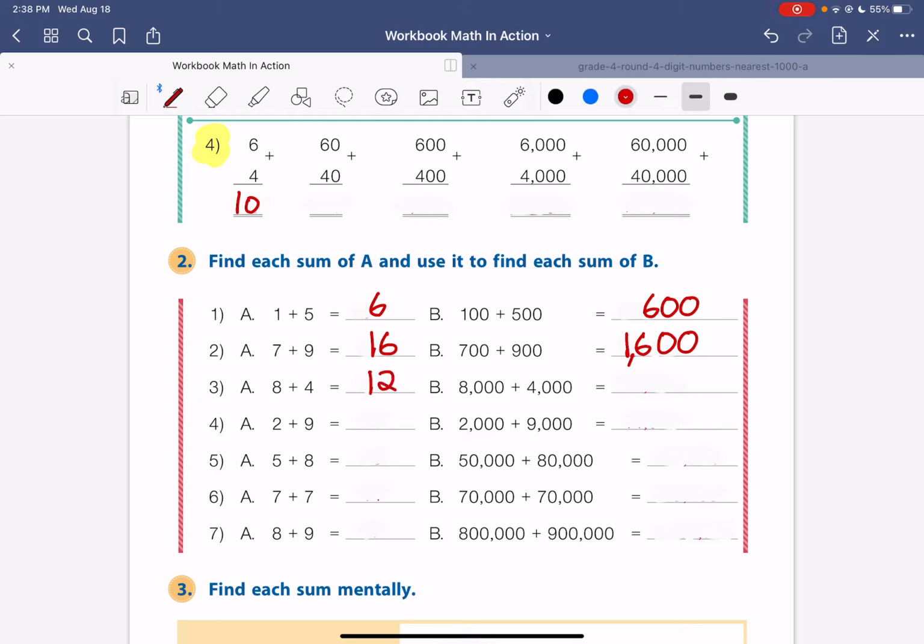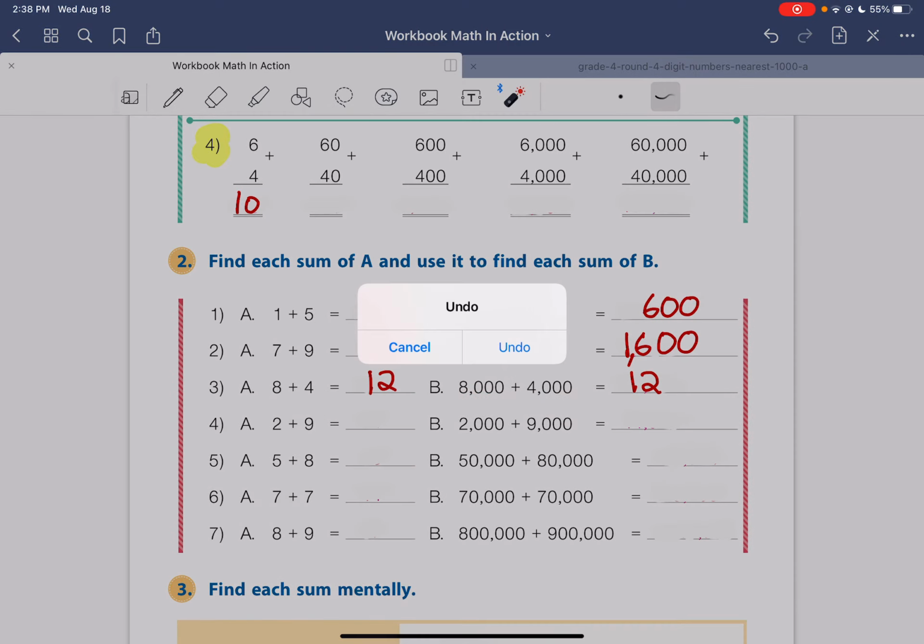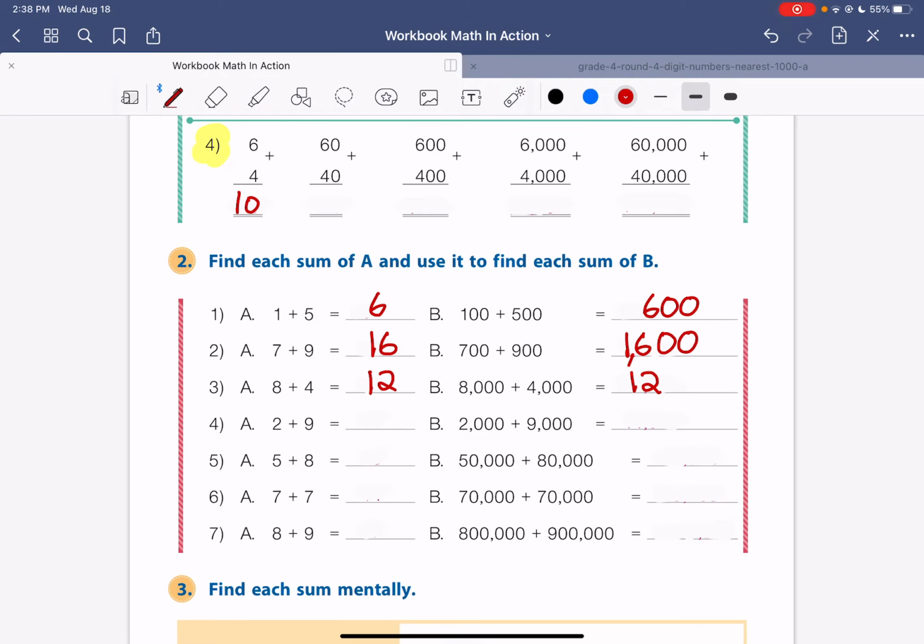We have 3, so we're going to write 3 zeros again. So we get 12,000. 8,000 plus 4,000 equals 12,000. I want you to try numbers 4, 5, 6, 7 for homework.